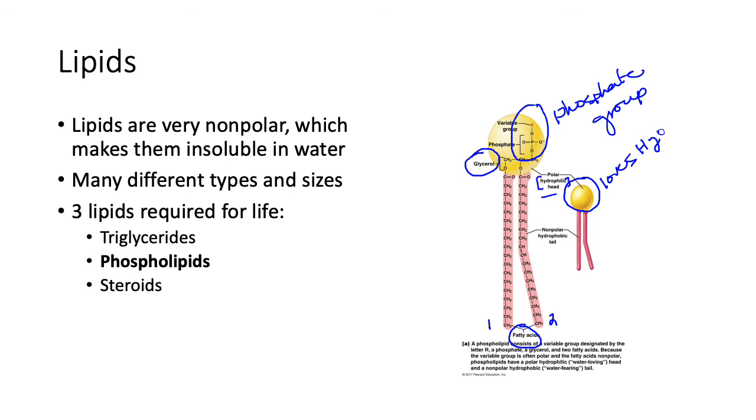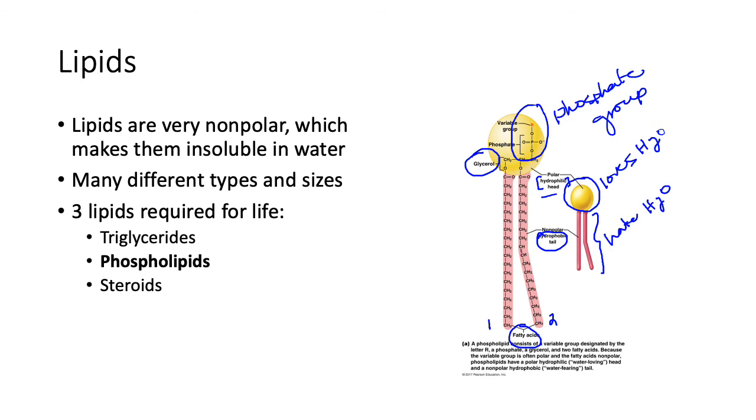Hydro meaning water, philic meaning lover. So this portion of our lipid actually wants to be around water. But the two tails, those fatty acids that come off of the other side, those are very non-polar. They are very hydrophobic, so they hate water. So this portion of the molecule hates water.